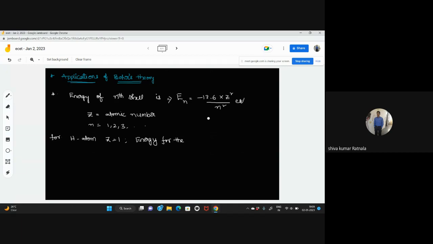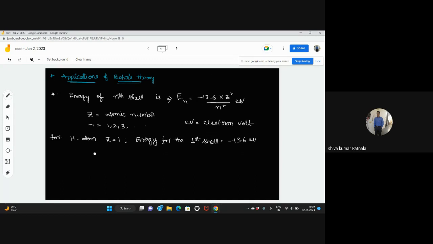This derivation is also given, but we are not required to derive it, so we are not concerned. For the first shell, minus 13.6, Z value is 1 and n is also 1. So minus 13.6 electron volt. Okay, eV represents electron volt.